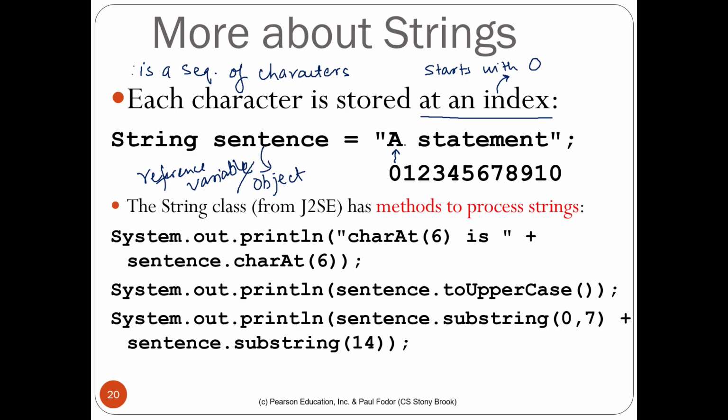Here you have a blank character. Space is also a character. In this sentence I have written a space statement. So there is one character, capital A, which is stored at index 0. Then the next character, which is a space character, is at index 1. Then the third character is at index 2, and so on.